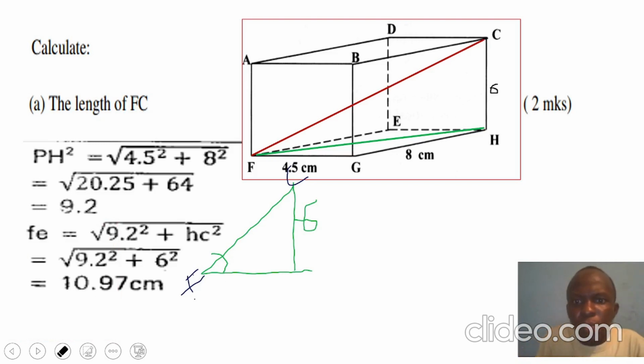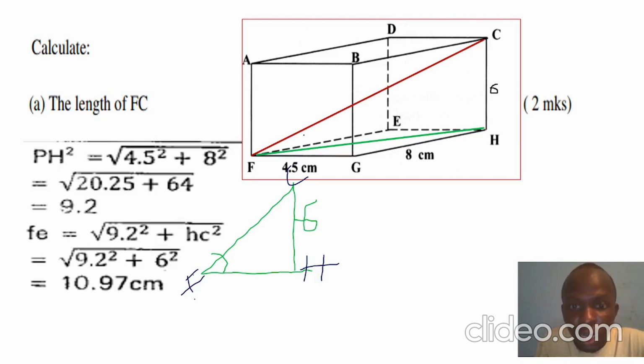But now you realize that this is a H, this is a H, this is a H, but you realize that we don't have the distance FH.